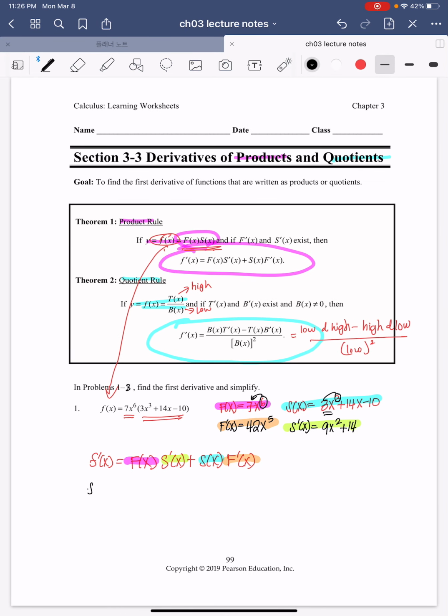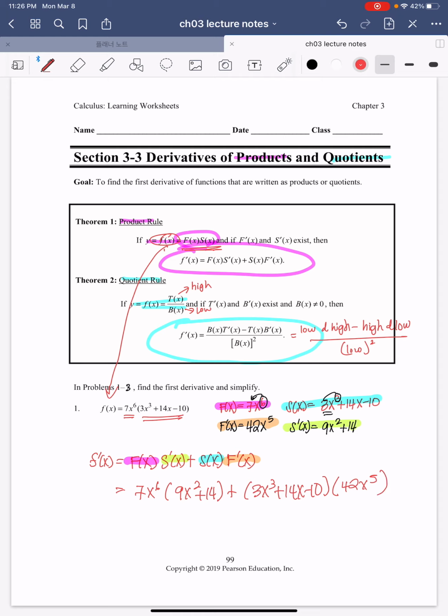So my derivative function finally looks like capital F, the pink one, so 7x squared, times the green function 9x squared plus 14, plus 3x cubed, the blue function, plus 14x minus 10, times 42x to the fifth.